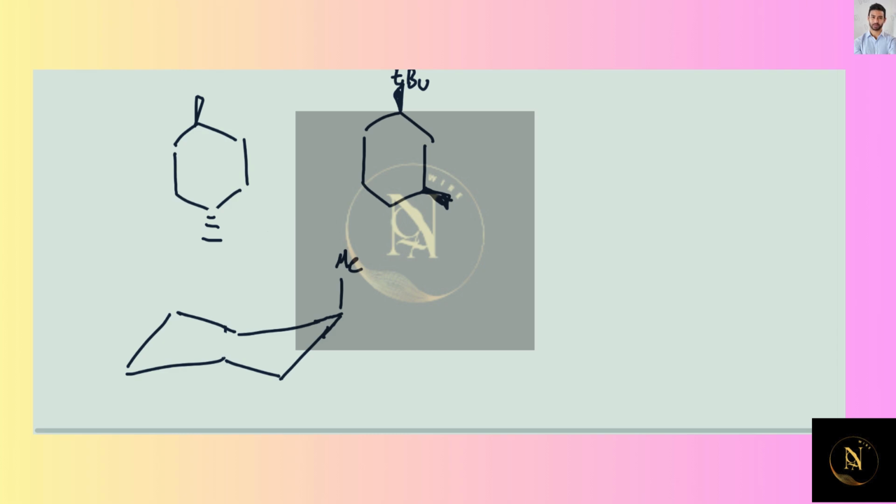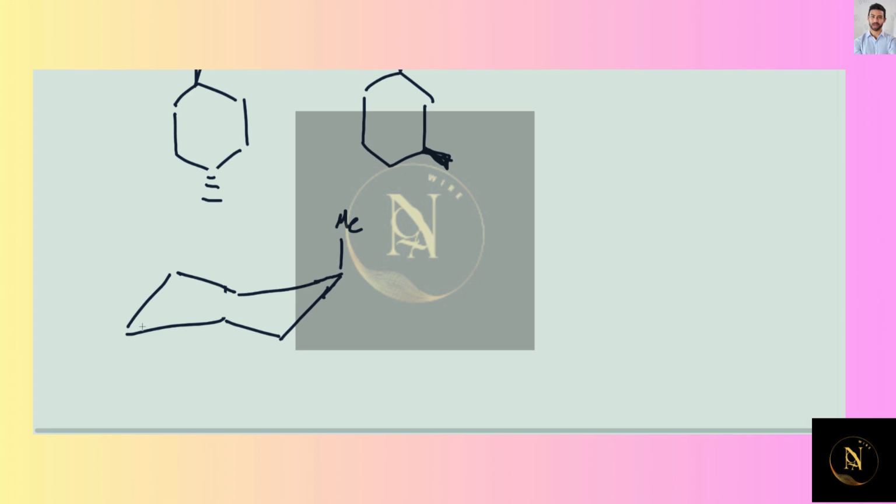Okay. 1, 2, 3, 4. Yeah. Okay, so it's the lower. Scroll down a little bit. Okay, that's the diaxial. And then for the 1,3 cis 1-tert-butyl, do the same.